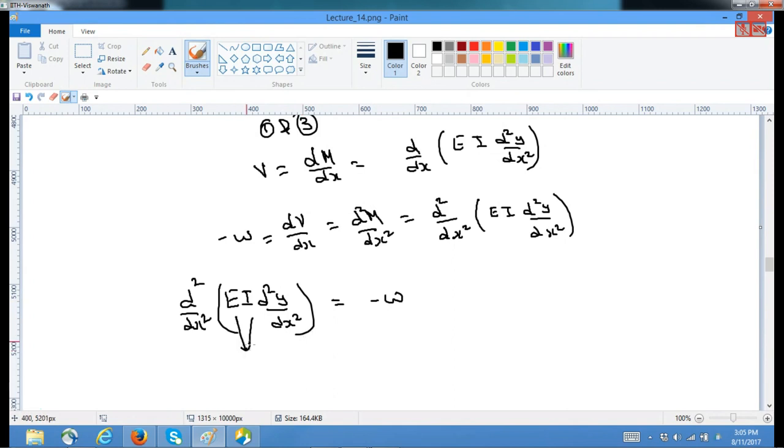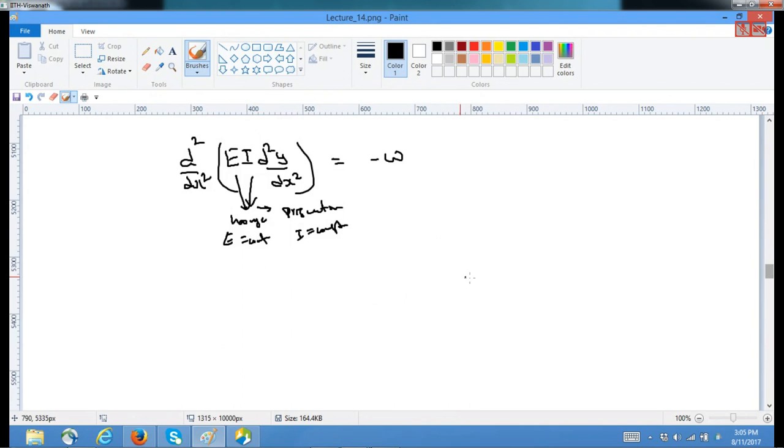When E is homogeneous and the cross section is prismatic, then I will not change. E is not a function of x, E is constant, I is constant. What happens is I can take EI out: EI d4y by dx4 is equal to minus w.